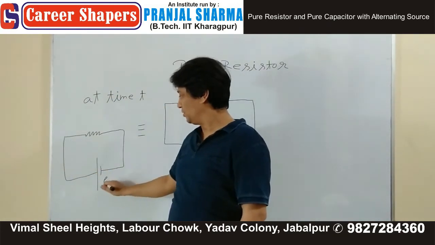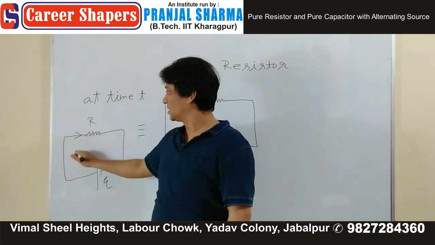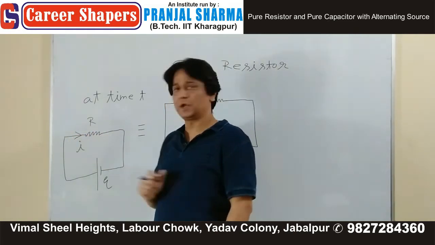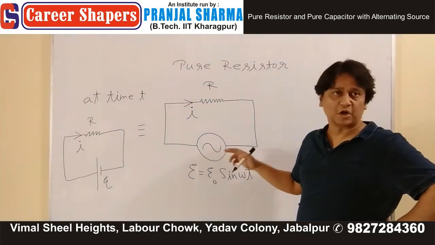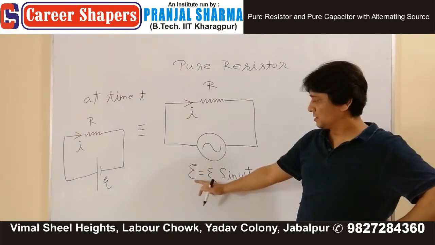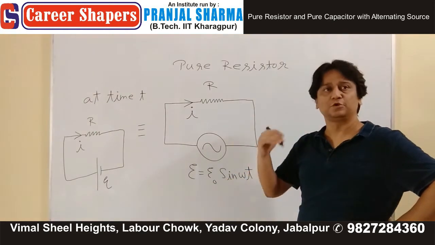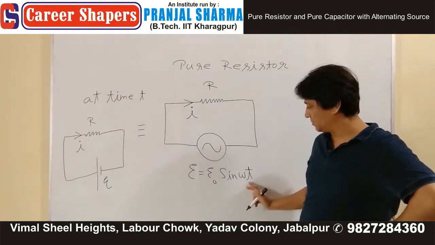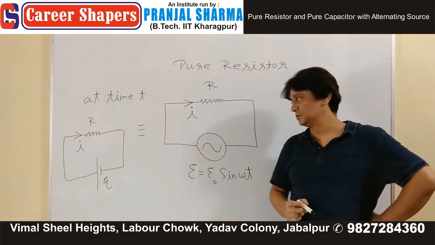This is the value of E, this is R, current I is flowing. With this alternating source symbol, we mean that magnitude of EMF is going to change continuously with time, as well as polarity is going to change.